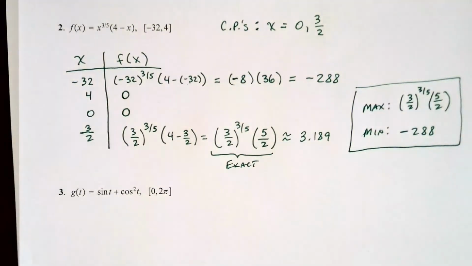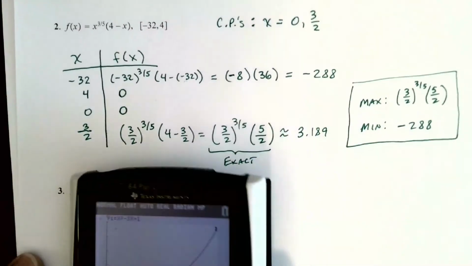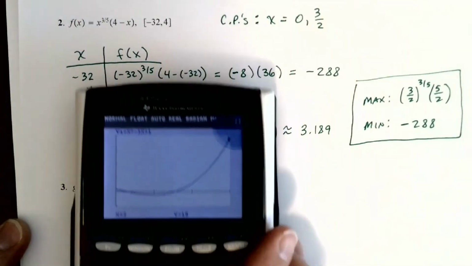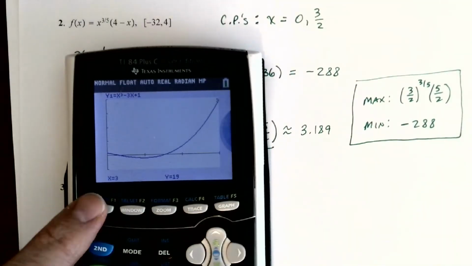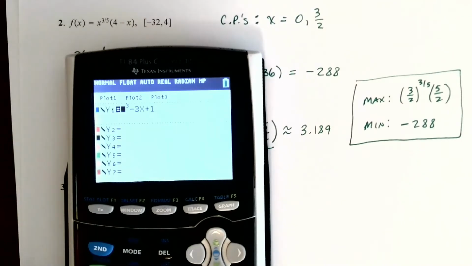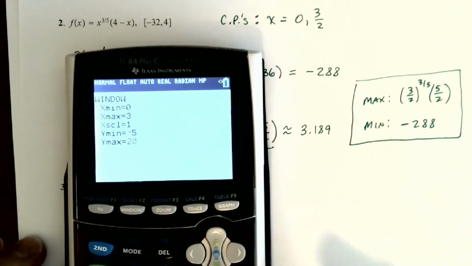Okay, and we'll take a look at this function too real quick. X to the 3 divided by 5 power, and then times 4 minus x. Okay, and what does my window setting want to be now?